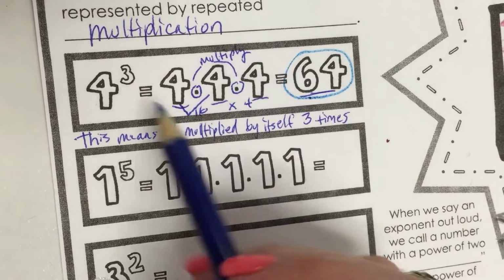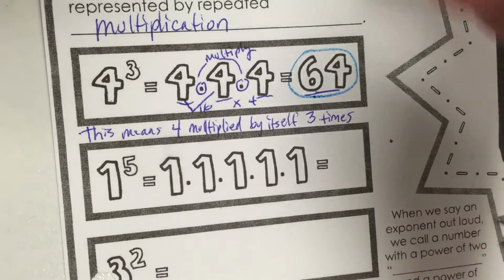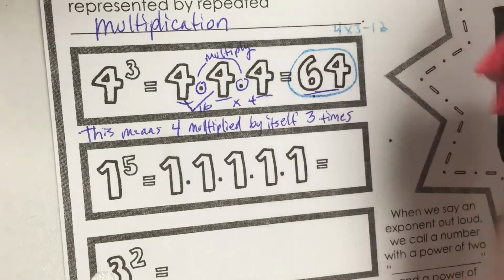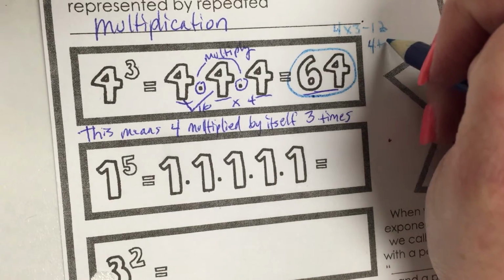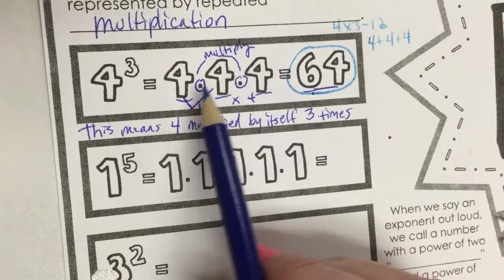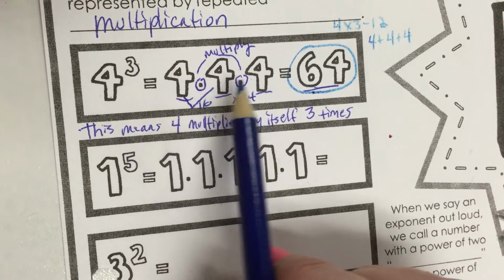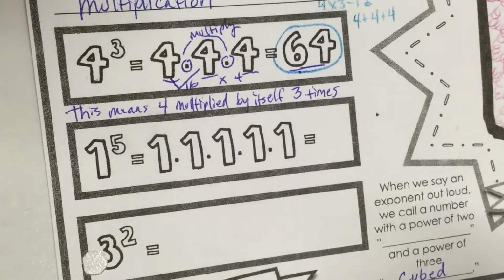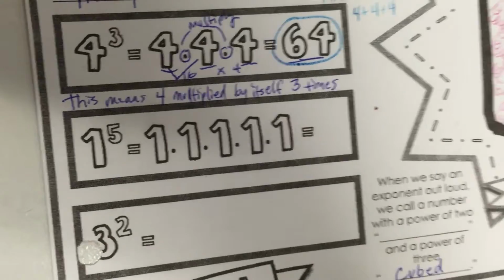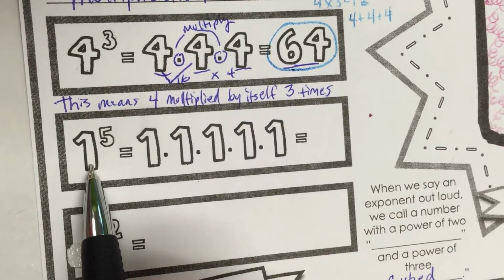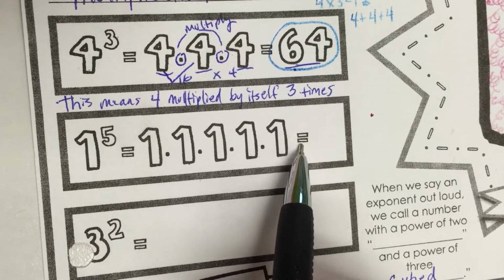Now notice, 4 times 3 is actually 12. Why? Because that's representing addition 3 times, where this exponent represents multiplication 3 times. So here you see it again. We see 1 to the 5th power. Well, that's saying let's take 1 and multiply it 5 times.